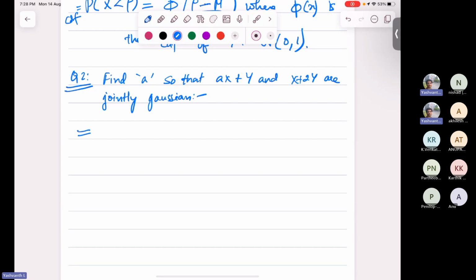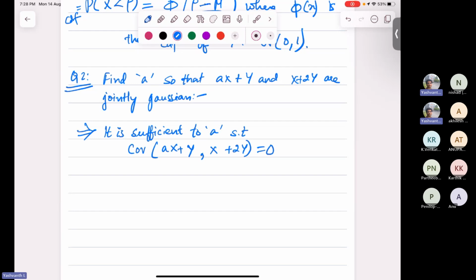So that means it suffices to find the value of A such that the covariance of ax plus y and x plus 2y equals 0.